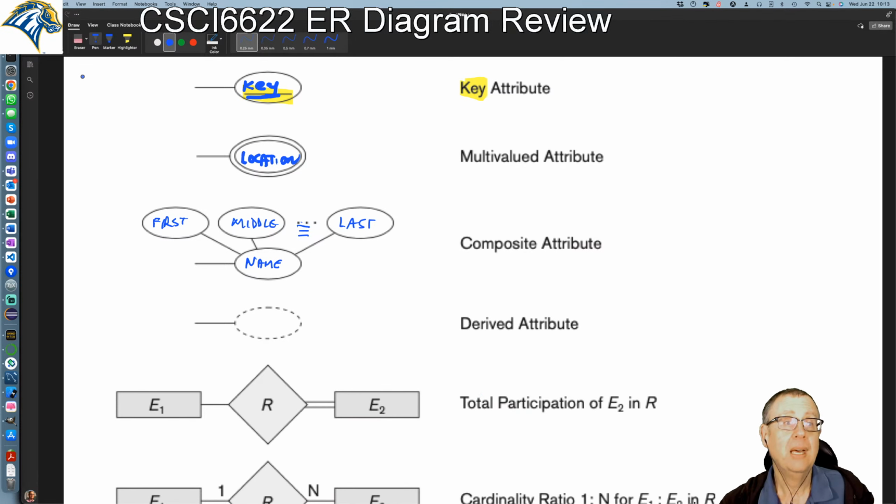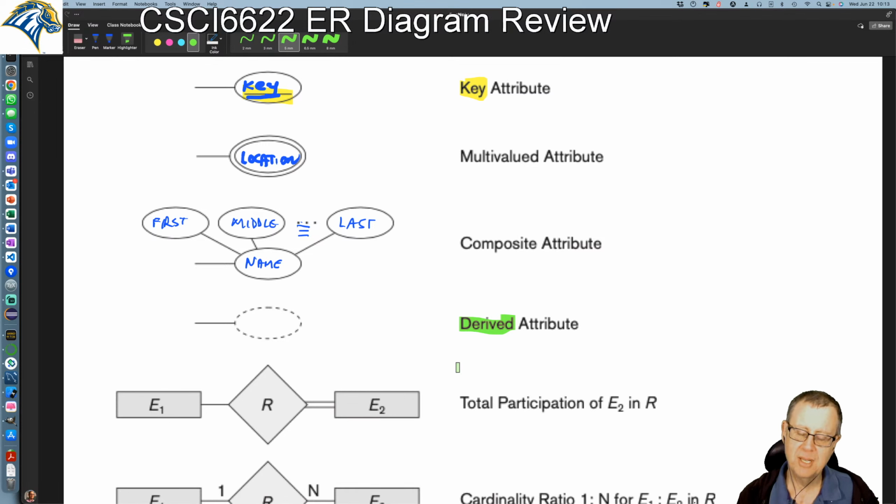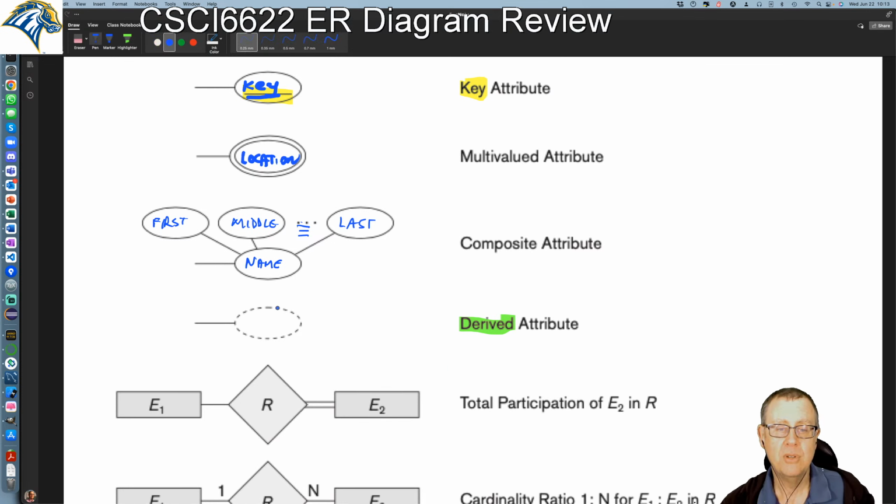Next up is derived attributes. These are things that use minimum, maximum, sum, count, those aggregate values that we use in SQL. And these are again drawn as an oval, but this time a dashed oval, and we put the name inside of it.